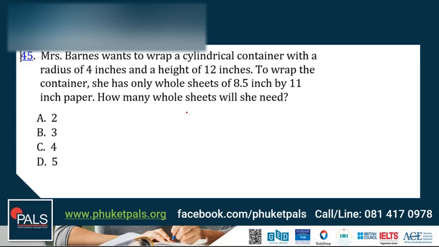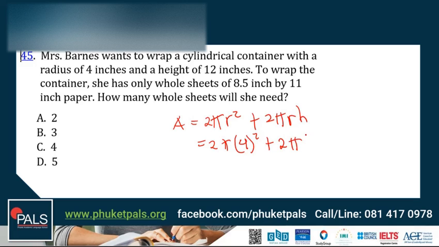The surface area of a cylinder is 2 pi r squared plus 2 pi r h. Then substituting the values, 2 pi times the radius 4 squared plus 2 pi times 4 times 12.